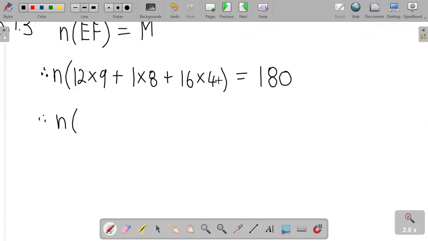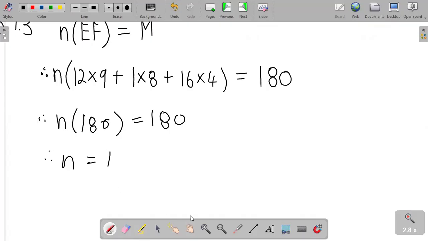We add everything on a calculator. It gives me 180. 180 equals to 180. So it means therefore n will be equal to 1.